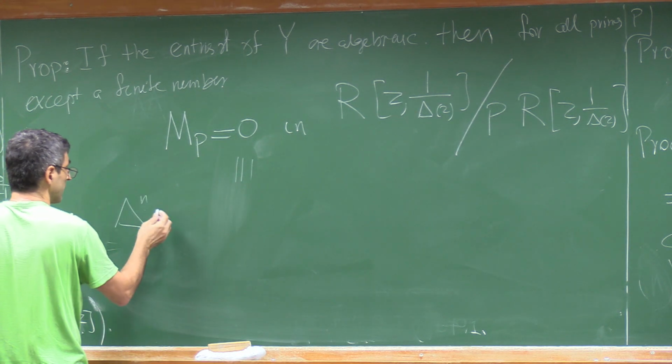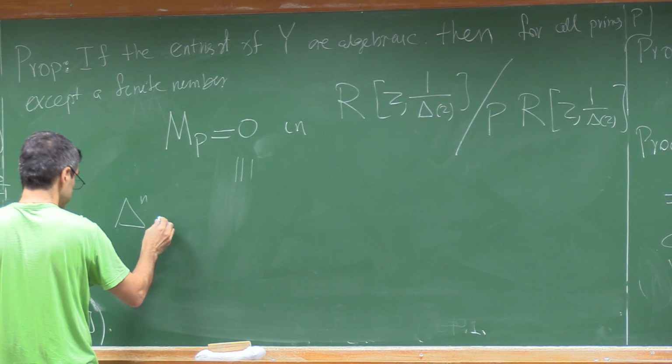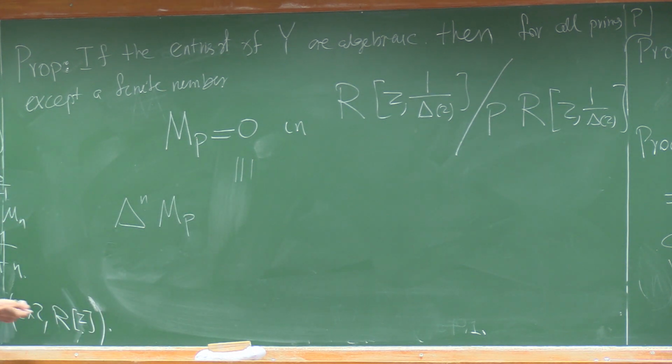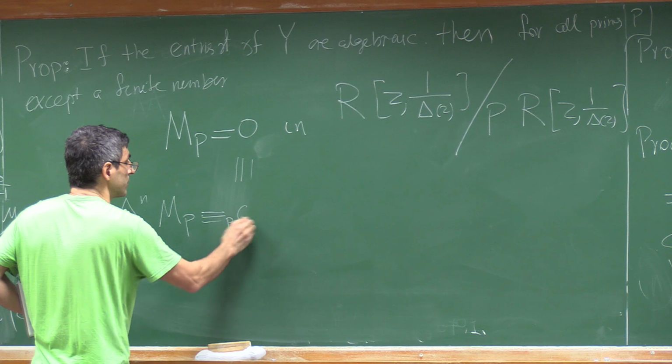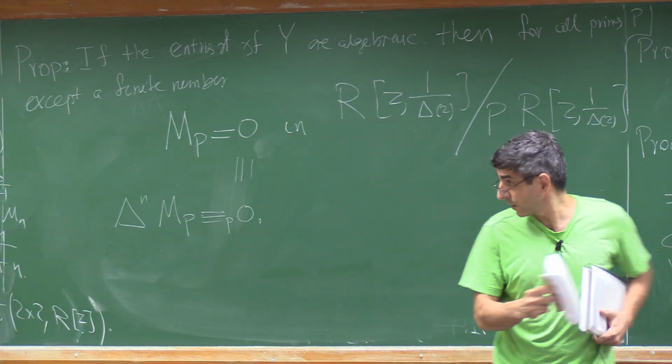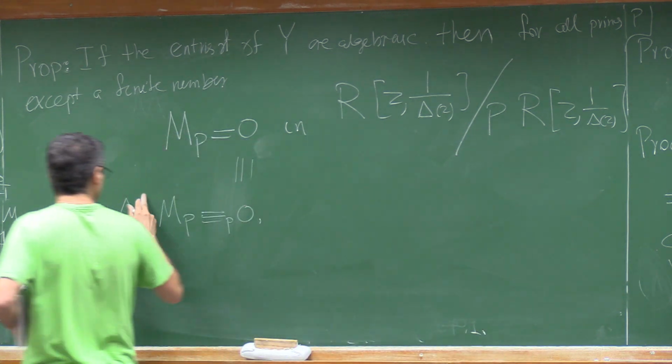Delta^n M_p, which is a matrix whose entries are polynomials in z with coefficients in R. When you take mod p, this will be 0. Delta^p, right? Oh, sorry, delta^p.